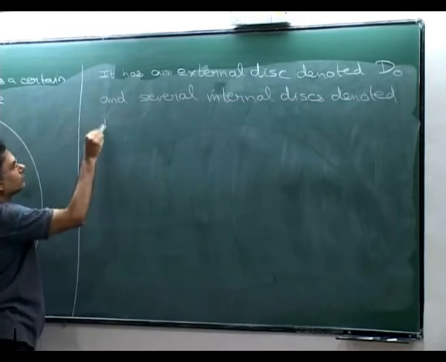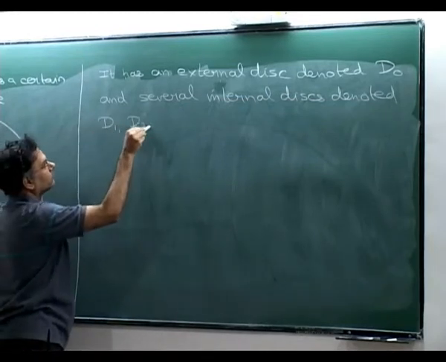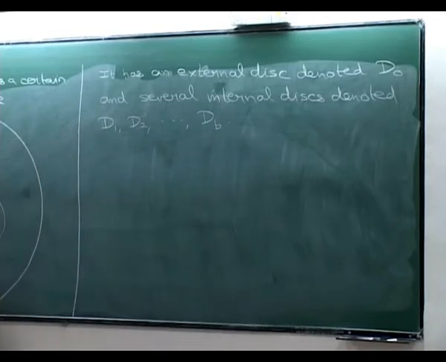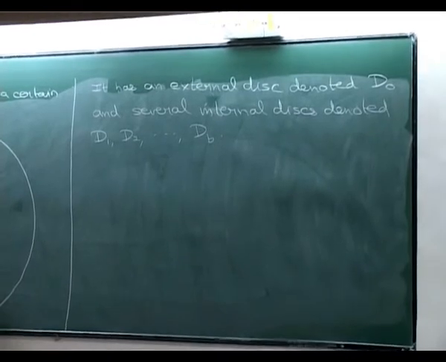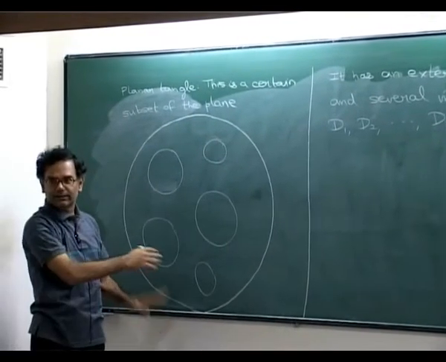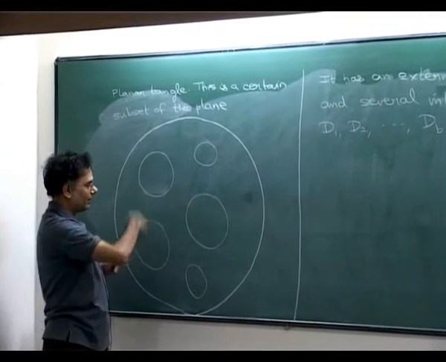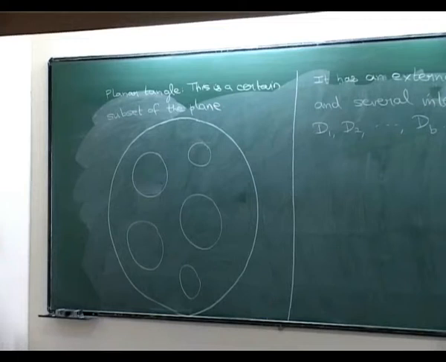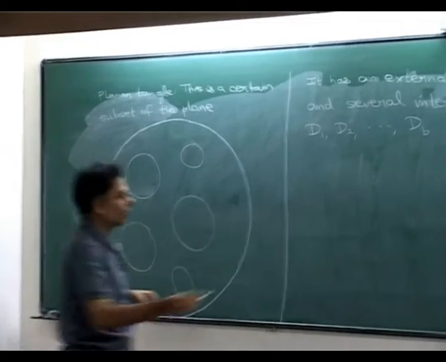D1, D2. Some number. That number could well be 0. I'll address that issue later, right? I can punch 0 or more holes in this big disk, right? So here in this case, I have punched 5 holes in this big disk. And several internal disks denoted D1 to D5 and labeled so.